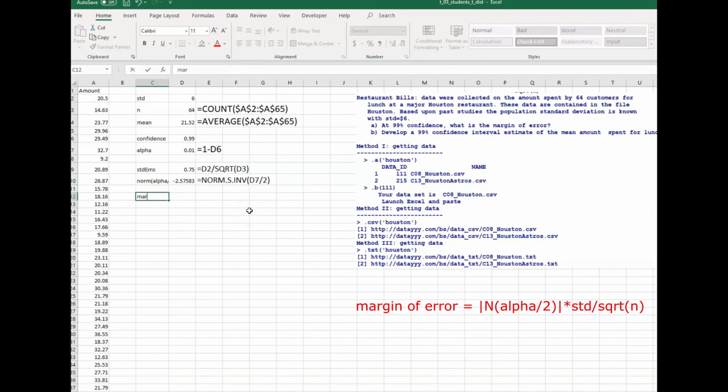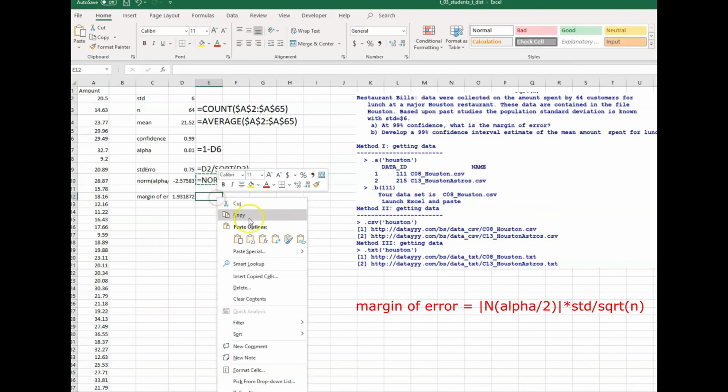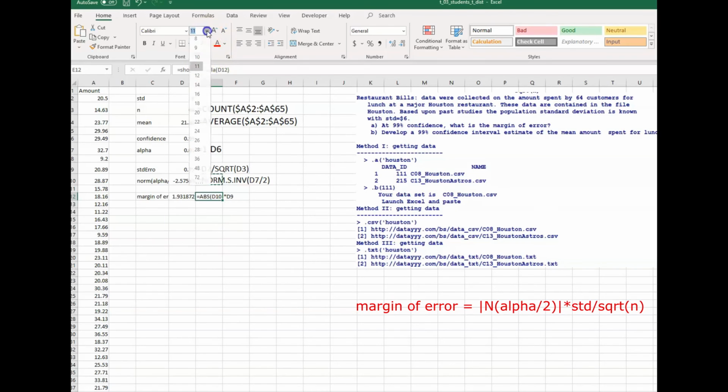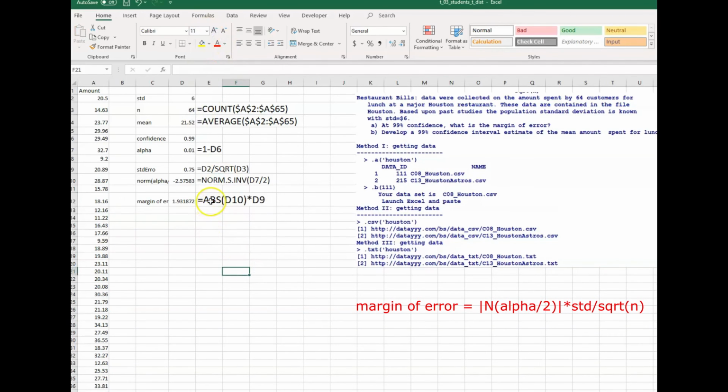So this is the margin of error. The margin of error will be the absolute normal times the standard error. So we use the normal distribution: NORM.S.INV of alpha divided by 2 times the standard error.